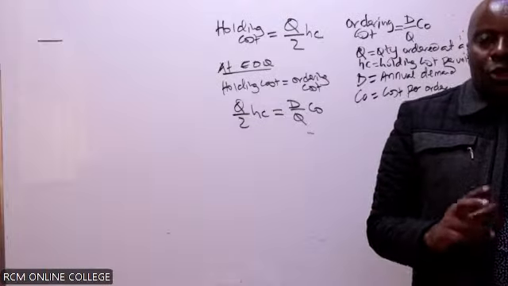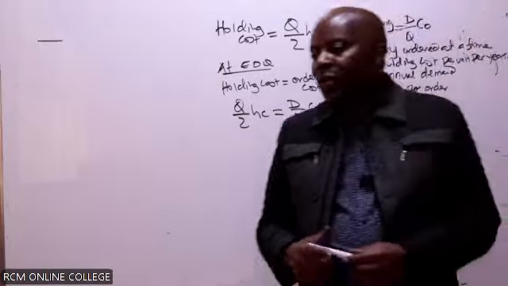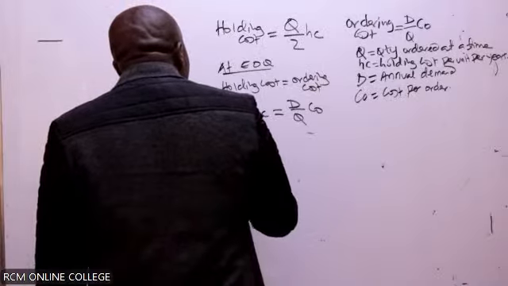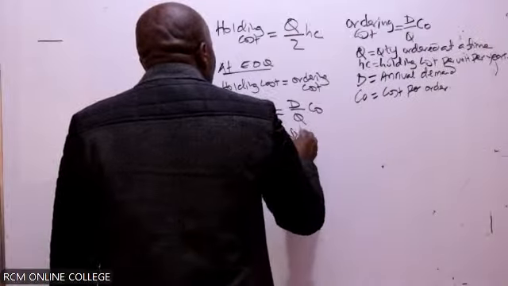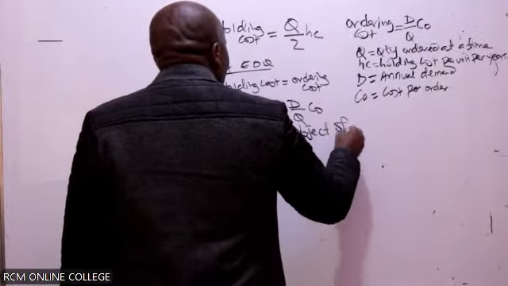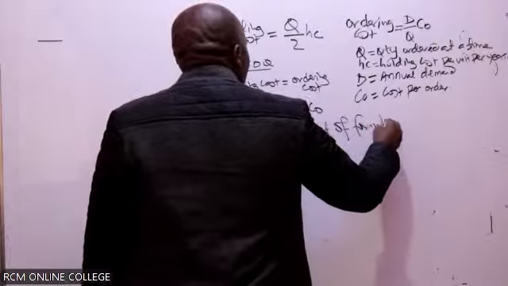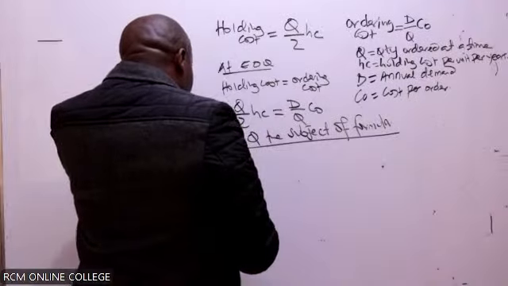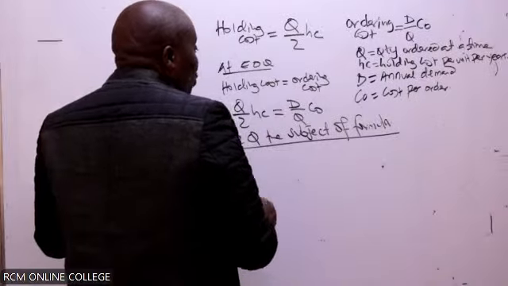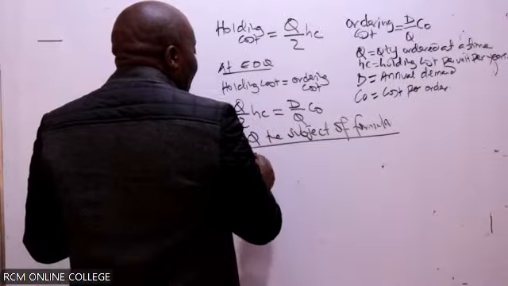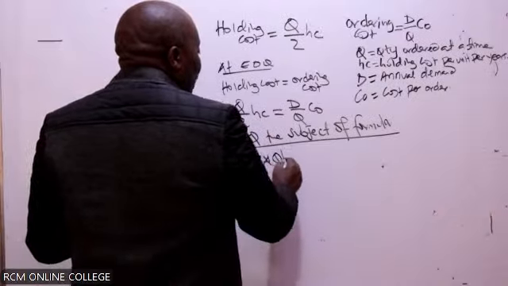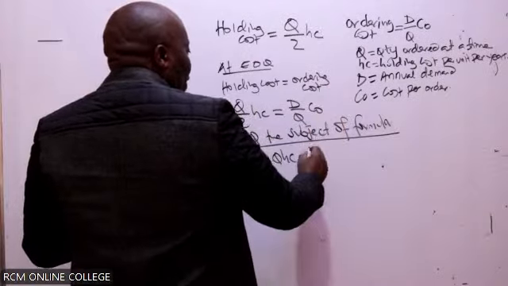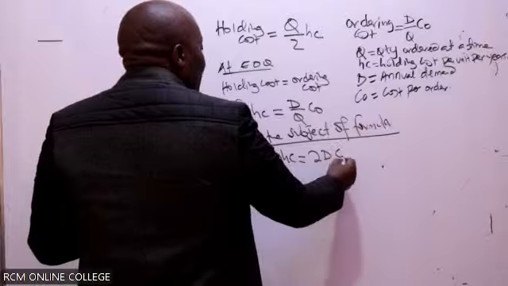Then I would want you to do me a favor: please make Q the subject of the formula. If you try cross multiplying, it will be Q times Q HC on one side, and the 2 goes across, giving 2 DCO.